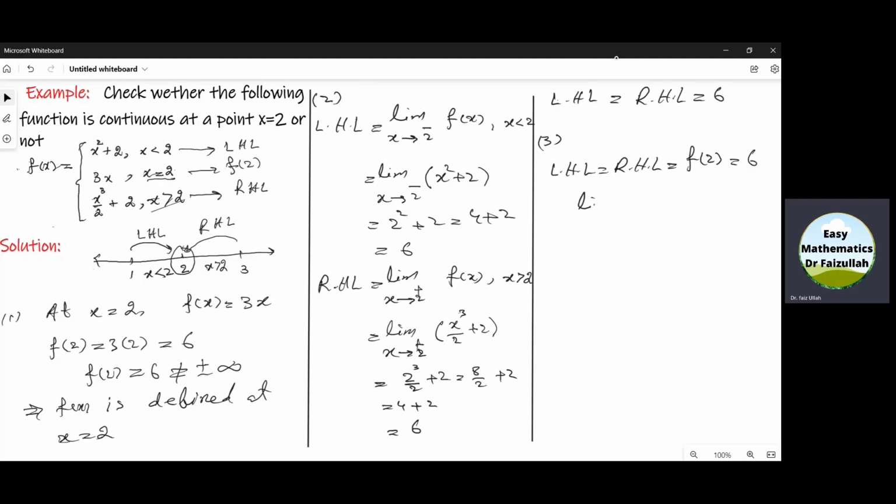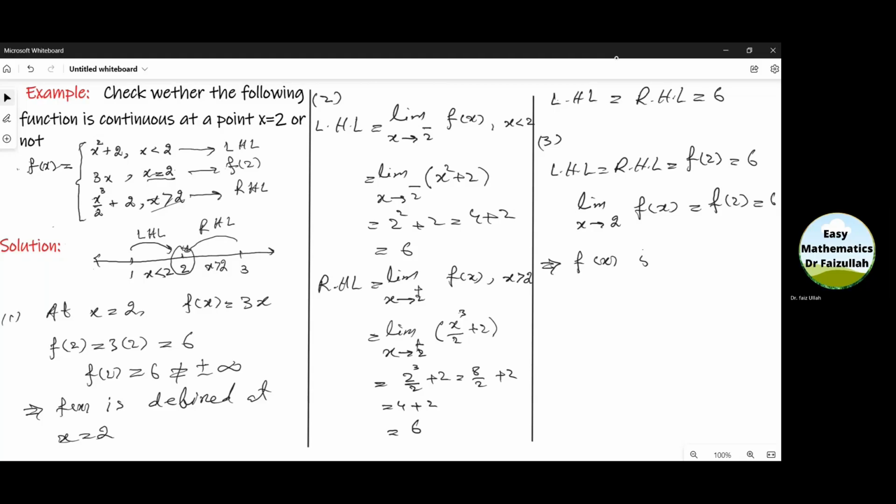In other words, this can be written as limit x approaches to 2 f of x, that is equal to f of 2, which is equal to 6. So since all three conditions of continuity are satisfied, this implies that f of x is continuous function at x is equal to 2.